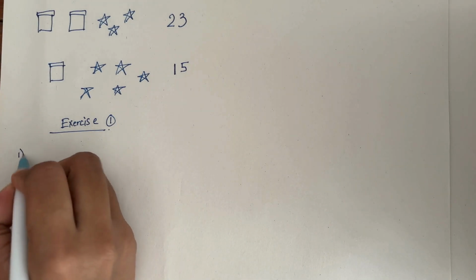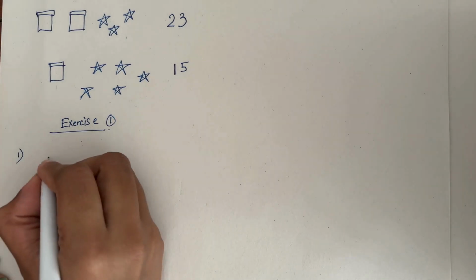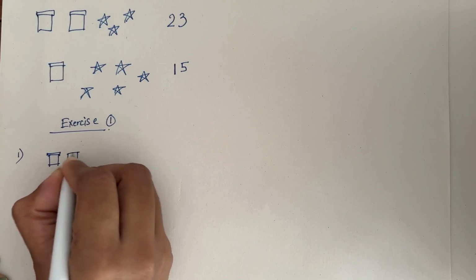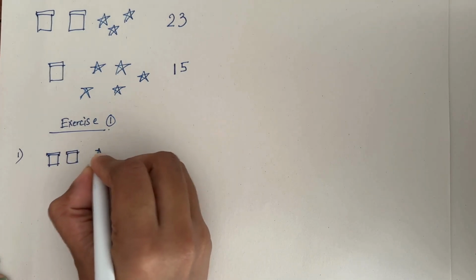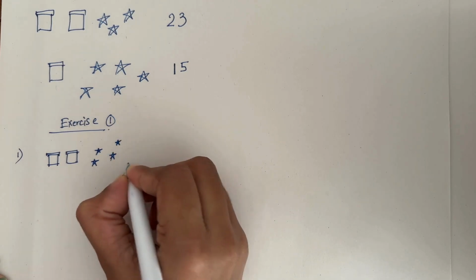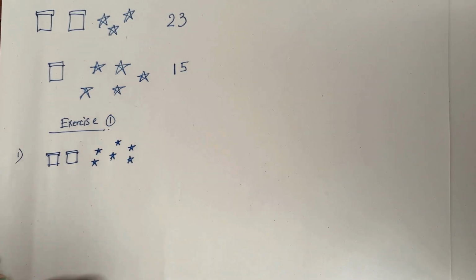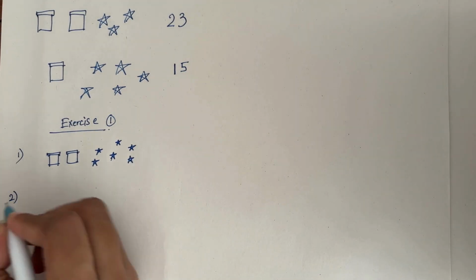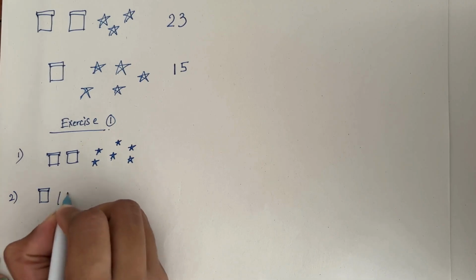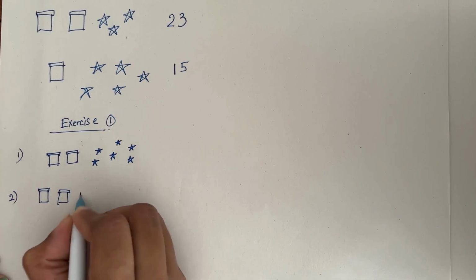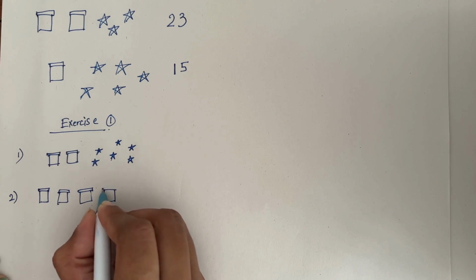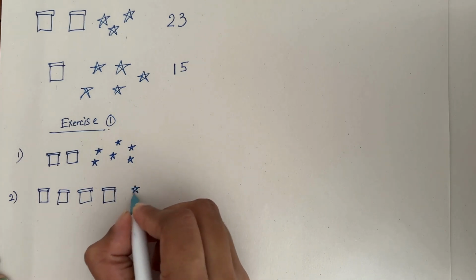The first one: two boxes, six stars. Here: four boxes, 1 star.